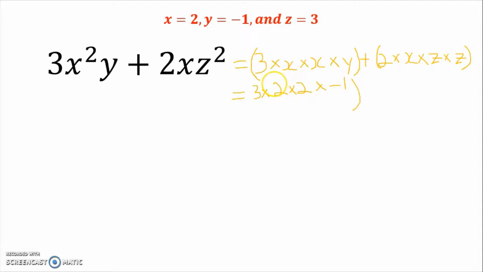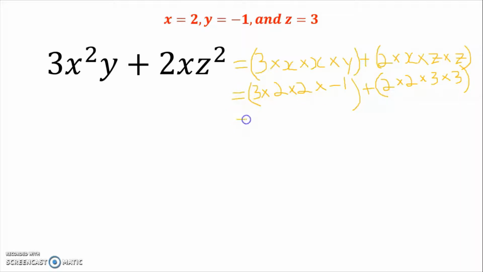Put all that in the bracket, and then we're going to add 2 times x, which is 2 times 2, times z equals 3, so we remove the z and replace it with 3, times 3, because it's z times z. Put that in brackets.